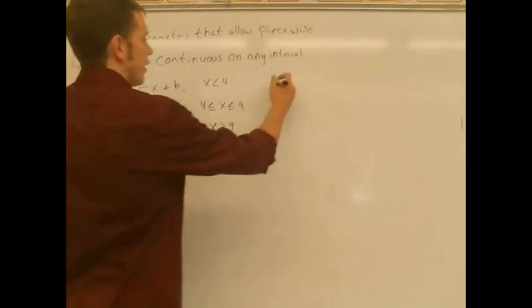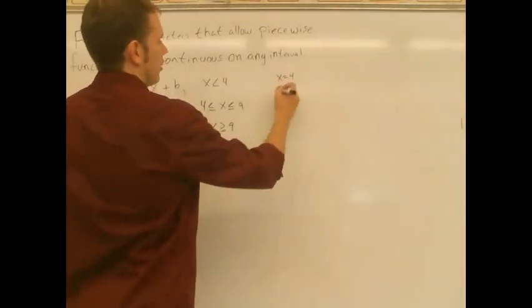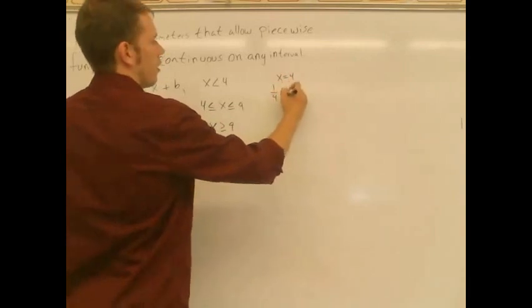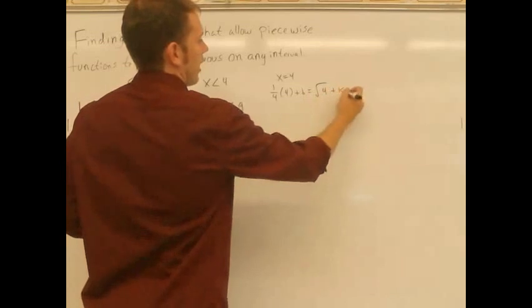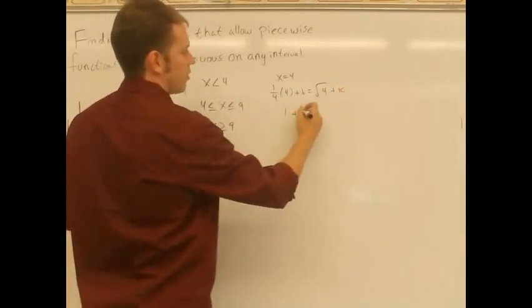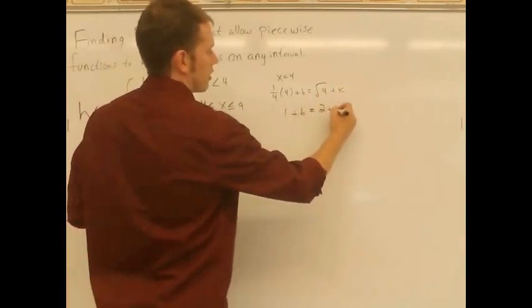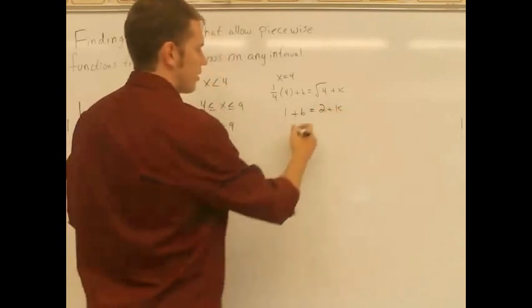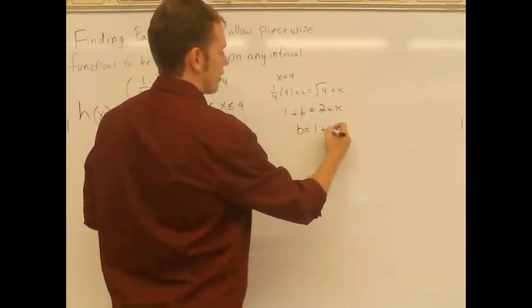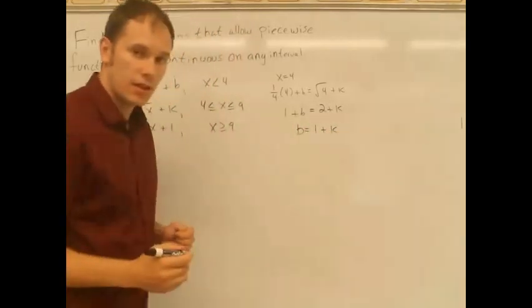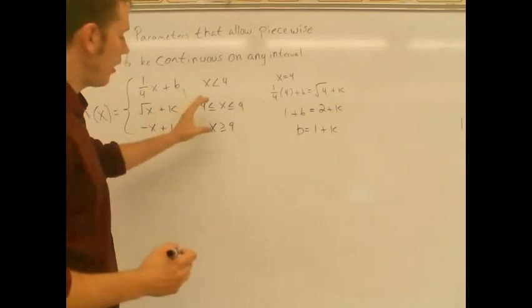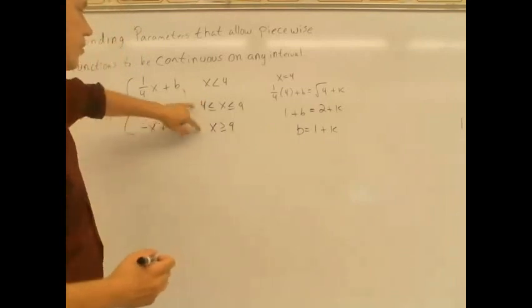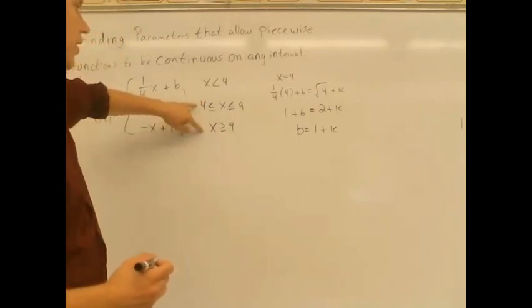So at the x equals 4 mark, 1/4 of 4 plus b equals radical 4 plus k, simplifying to 1 plus b equals 2 plus k, which really just makes this b equals 1 plus k. So now I'm going to use the second interval, the two equations at 9, to show that these are going to be equal.